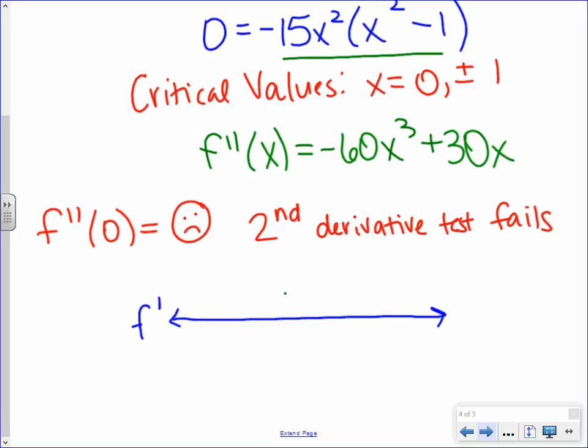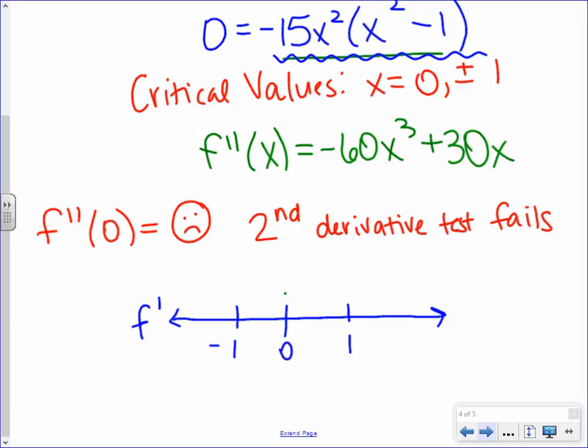Remember, for the first derivative test, we have to make a first derivative number line. Remember, we're plugging these intervals into the first derivative. Okay, so back up to here.